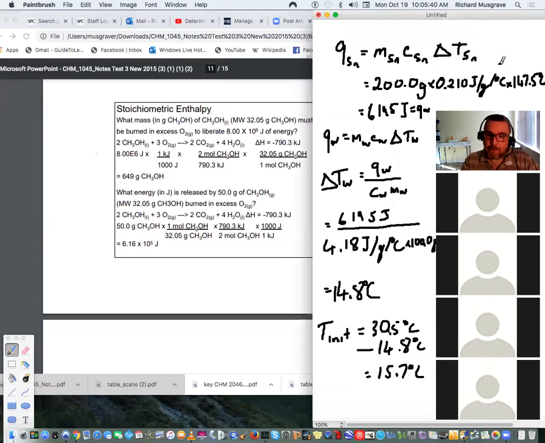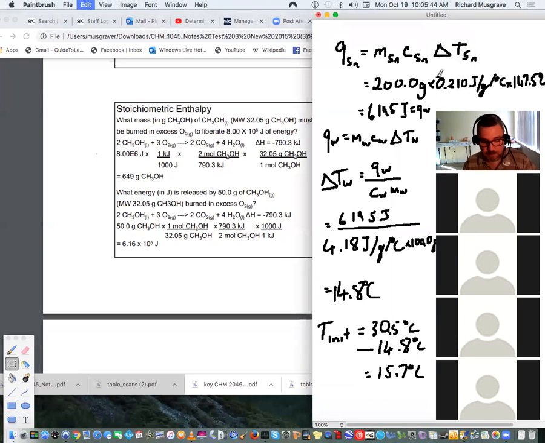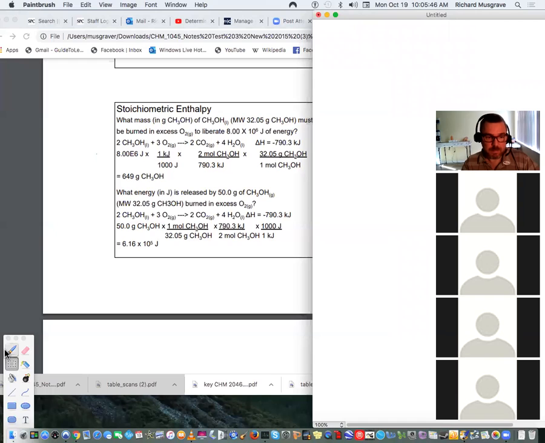All right, let's continue on with the stoichiometric enthalpy. So you've been given a problem. What mass of methanol must be burned in excess O2 to liberate that much energy?